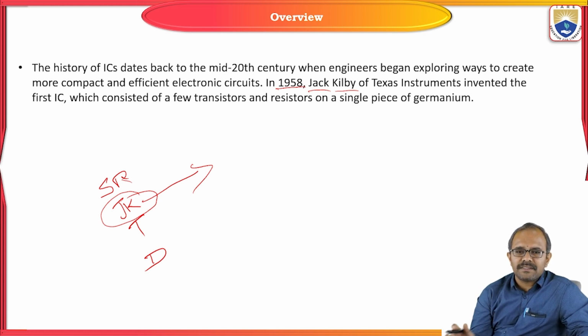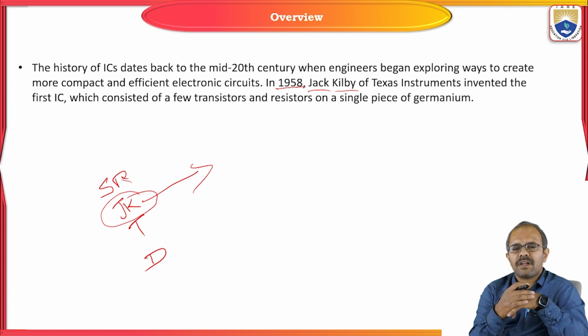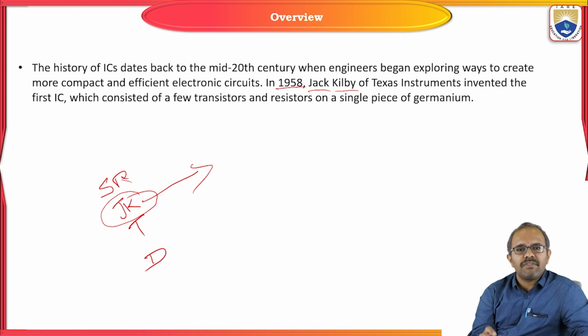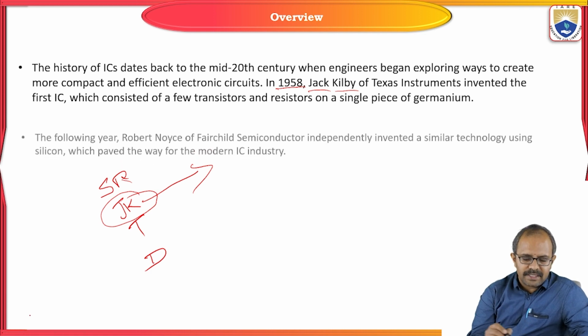So we can say that is the origin of an IC, and the credit goes to the first researcher who found this phenomenon, the integration of several components on a single platform. That is nothing but a chip. So do remember, in the year 1958 by Jack Kilby from Texas Instruments, that is the history of IC.